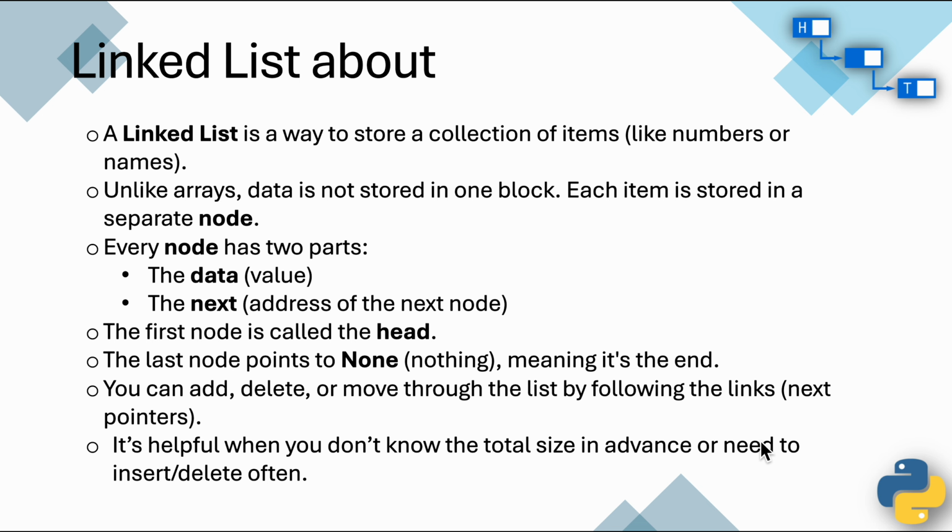But using linked list, you can store a collection of homogeneous objects or heterogeneous objects. That's what my point here is. Unlike arrays, data is not stored in one block.